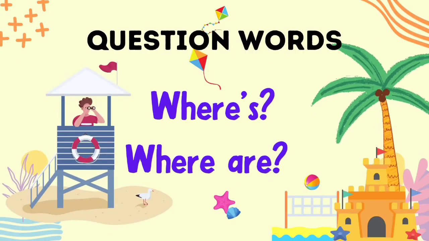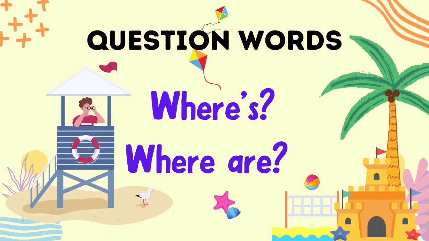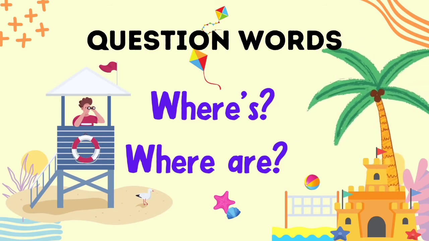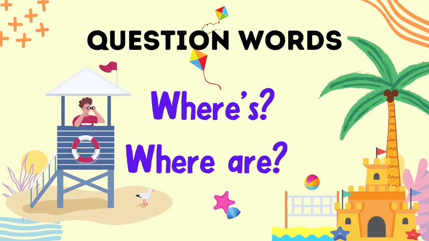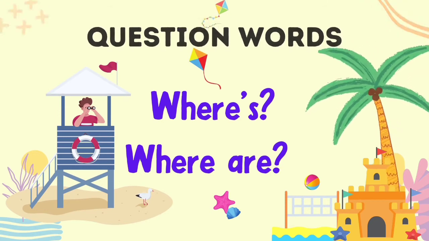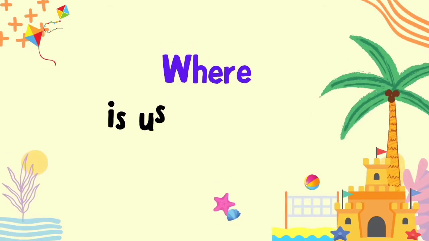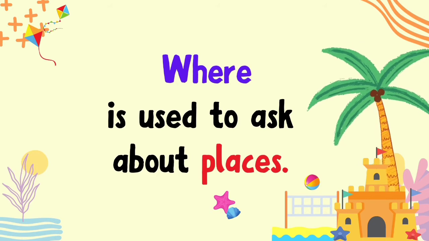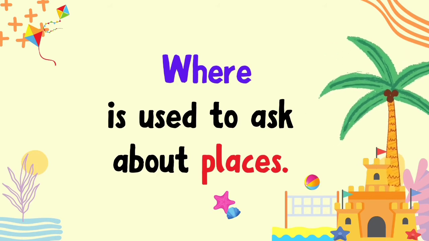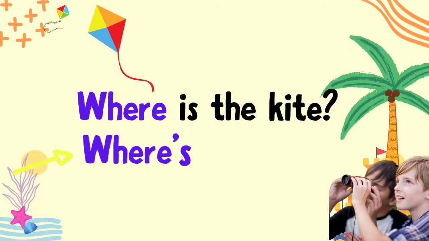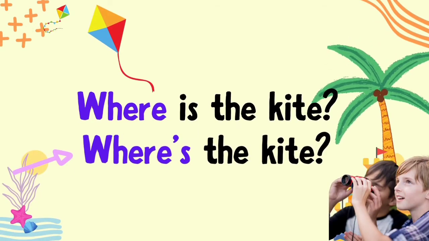So for today, I'm going to teach you how to use the question words where's and where are. Where is used to ask about places. I'm going to give you some examples in this lesson. Where is the kite?